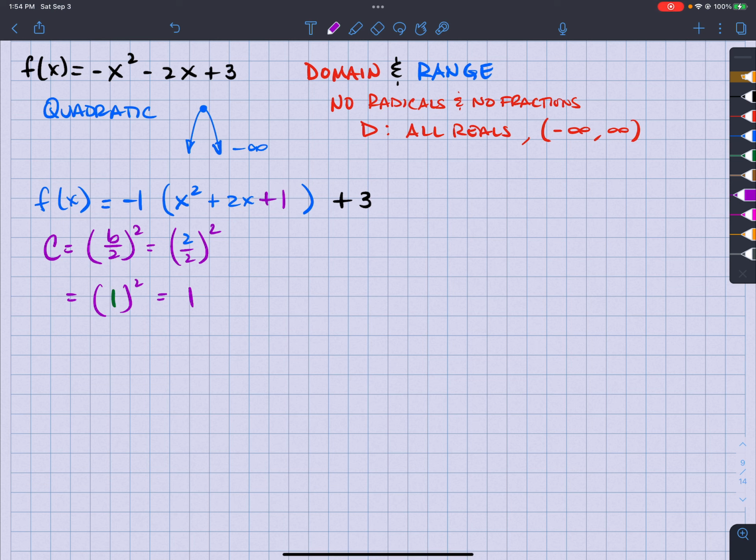However, if you notice, -1 times 1 is going to give me -1.